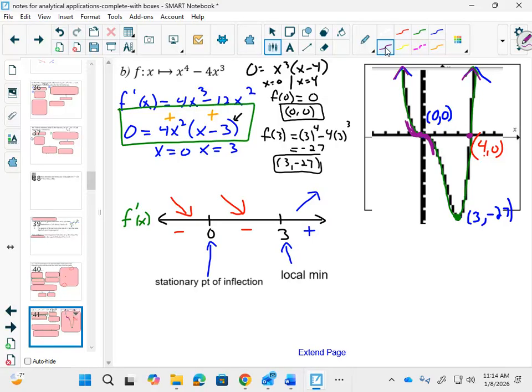But calculus tells us how far down we would have to go, and grade 12 pre-calculus didn't. We just looped it back up. We knew there was a minimum, we just didn't know where it was. So now we are a little bit more accurate.